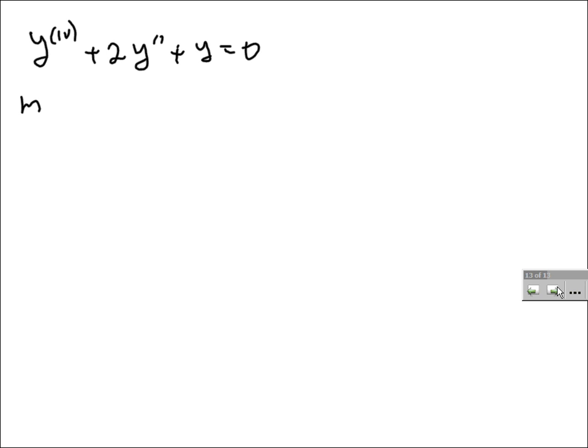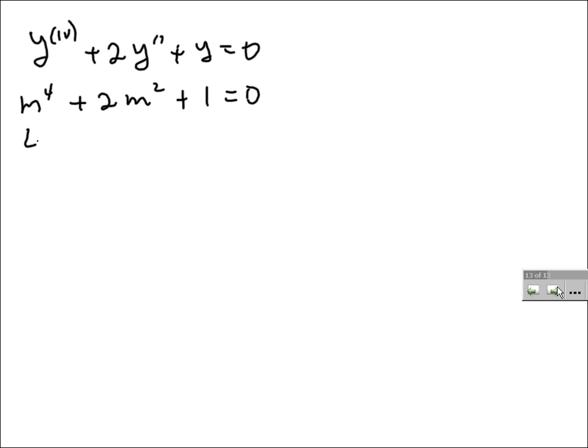So you're going to get m to the fourth plus 2m squared plus 1 is 0. Now, whether you like it or not, this is a quadratic equation.